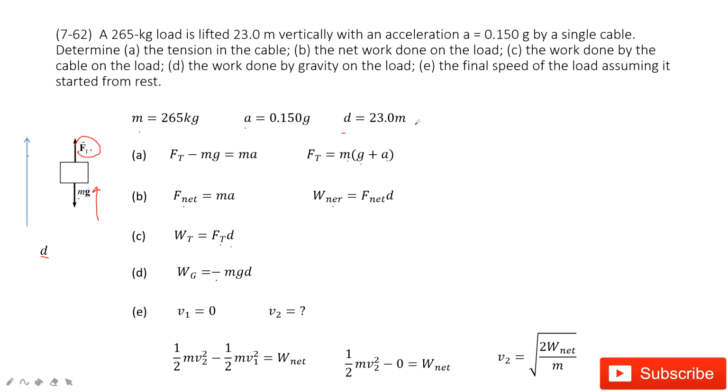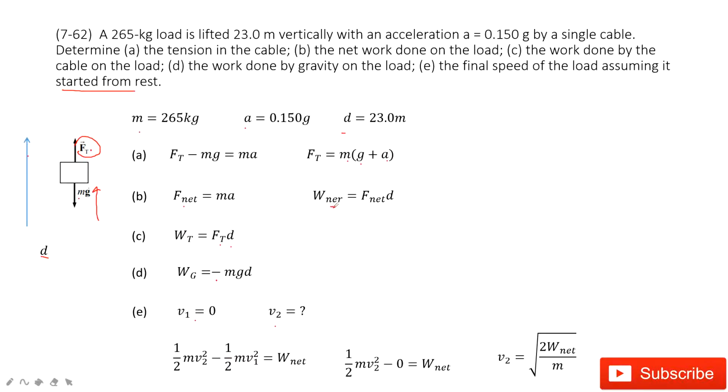The next one, we need to determine the final speed of this object, and we assume it starts from stationary. Starting from stationary means the initial velocity is 0. We need to find the final velocity, right? So there we consider the work-energy principle. The change of the kinetic energy equals the net work. You can see net work is given.